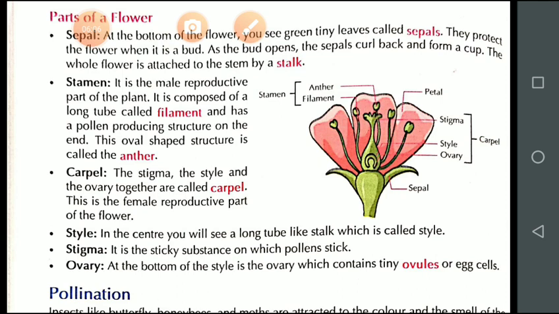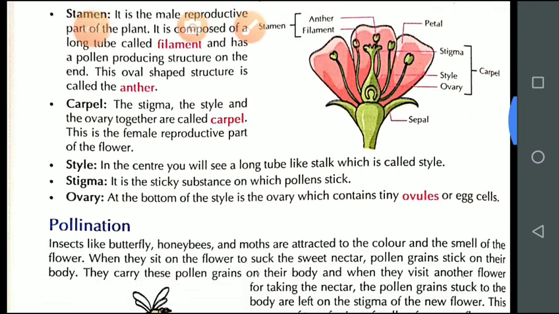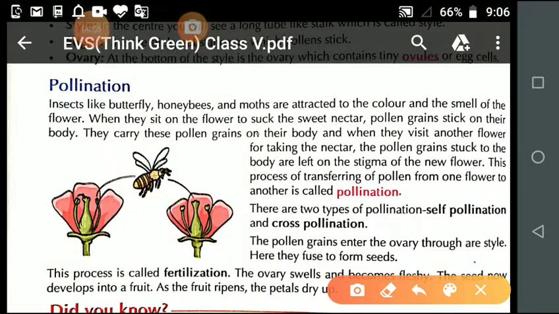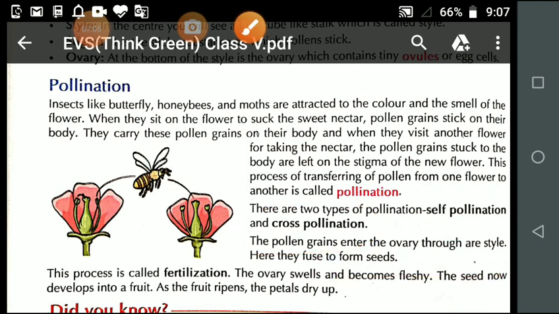Okay student, pollination in flowers is divided into two types: one is self pollination and another is cross pollination. Is it clear?